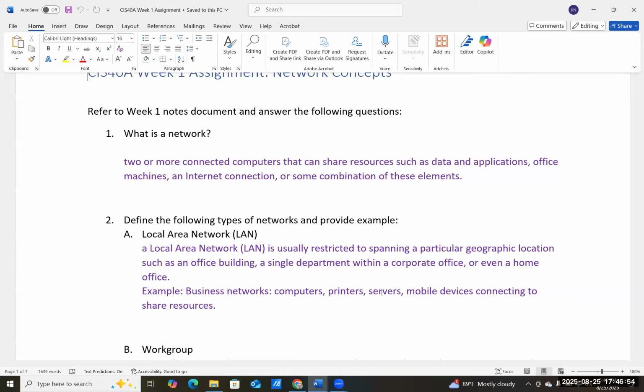We now have a network that we can digitally share our data, our applications, our resources, and even print. We can share printers. So it is a way for us to maximize the resources in our work environment or in our business.